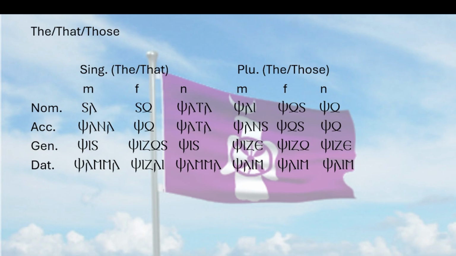Genitive masculine singular, cis genitive feminine singular, cisos genitive neuter singular, cis genitive masculine plural, cise genitive feminine plural, ciso genitive neuter plural, cise. Dative masculine singular, sama dative feminine singular, cise dative neuter singular, sama.